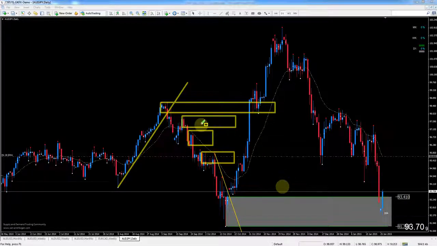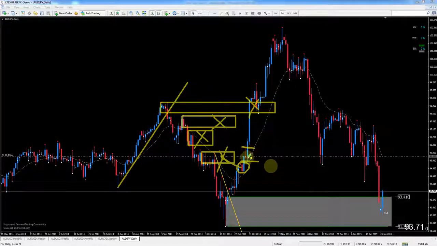All these areas of supply will tend to be removed if a higher time frame area of demand has been taken out and the trend line is broken. So when these areas are being removed on the way out, there are areas on the way up, like this one, that removes this area out. This one removes this area out, and also this area, and also this area.